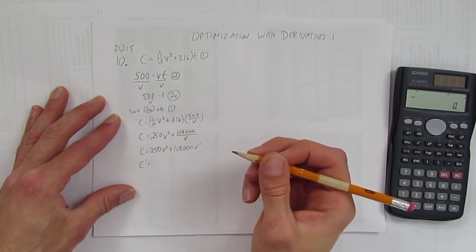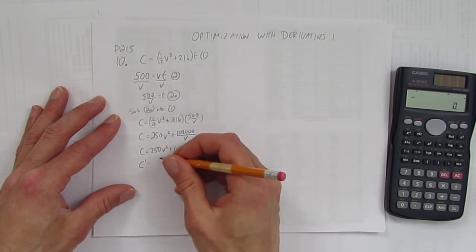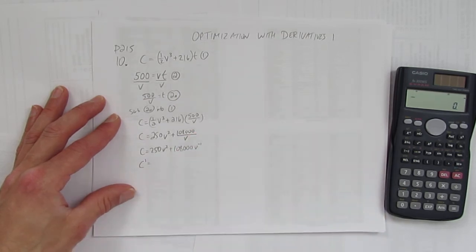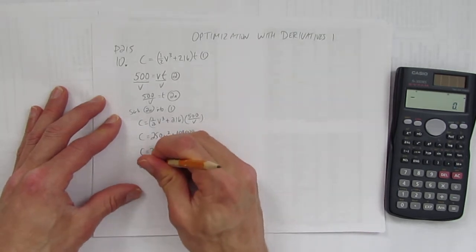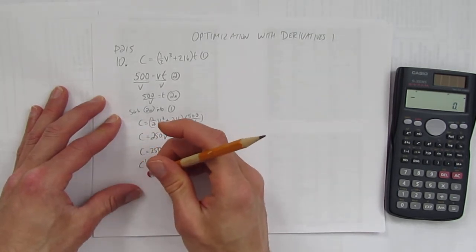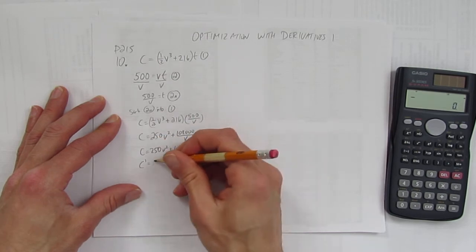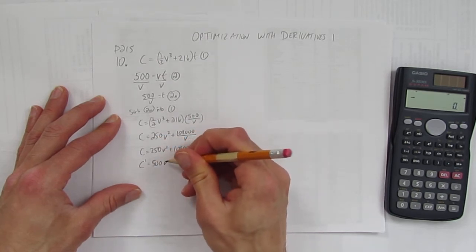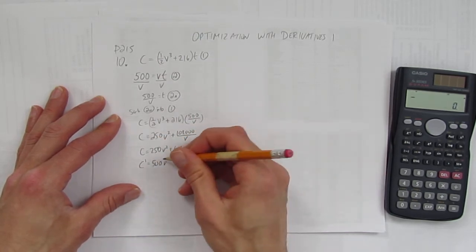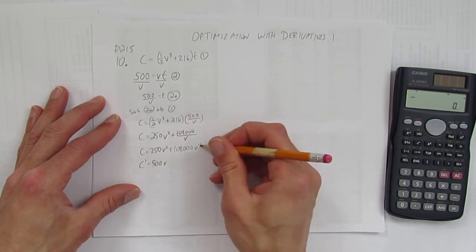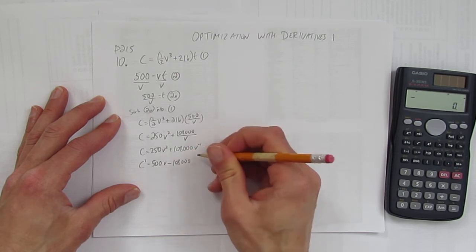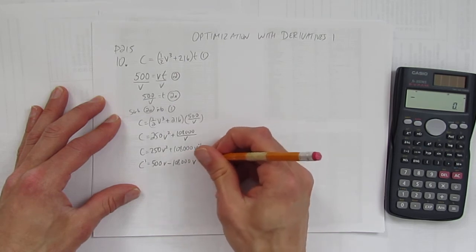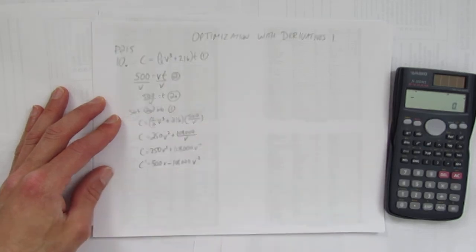We get 250 times 2, which is 500 v. And then the derivative of the second part, the -1 comes down, multiplies by the coefficient, and the exponent subtracts 1. So we get that.